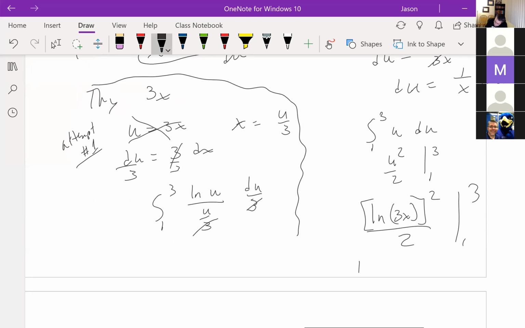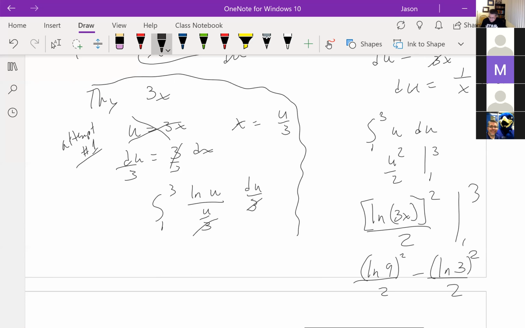So this is going to be the natural log of 3 times 3, which is 9. So that's the natural log of 9 squared over 2 minus the natural log of, plugging in the 1, that's just 3, squared over 2.